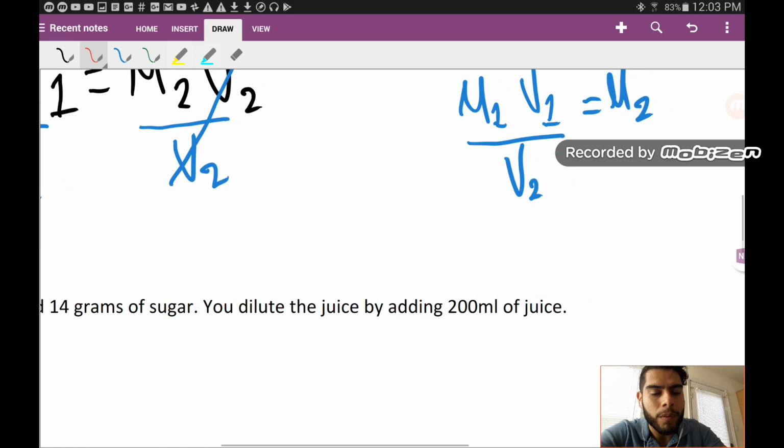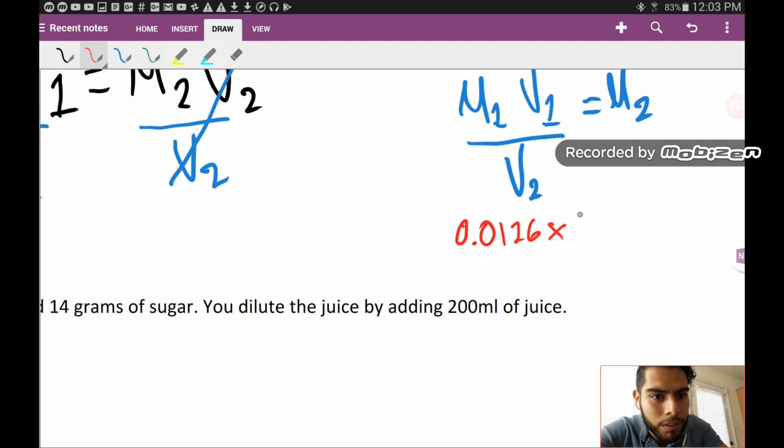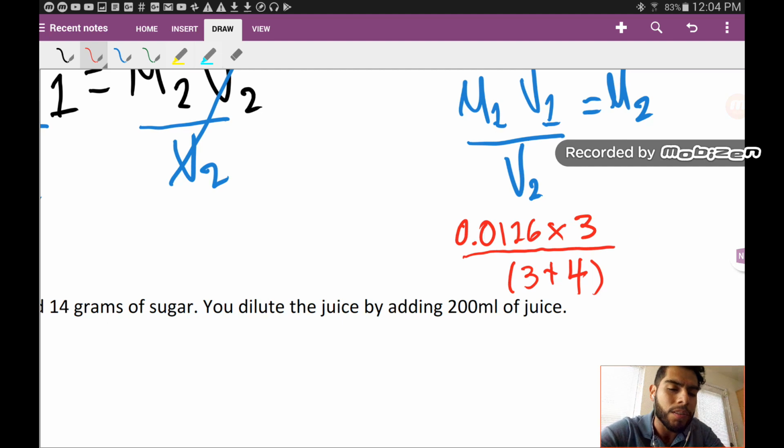So let's plug all that into our equation: 0.126 multiplied by volume 1, which was 3 liters, divided by the final volume. We had 3 liters, and we diluted it using 4 liters of water, so it's going to be 3 plus 4, which is 7. That's going to give us our final molarity.